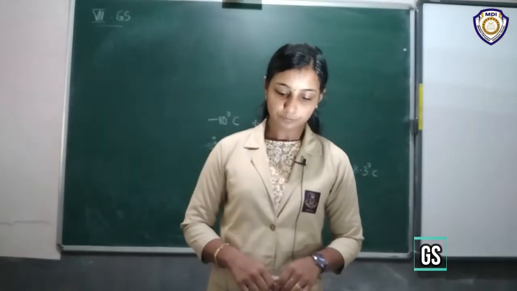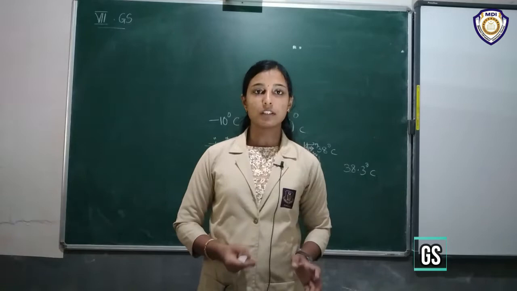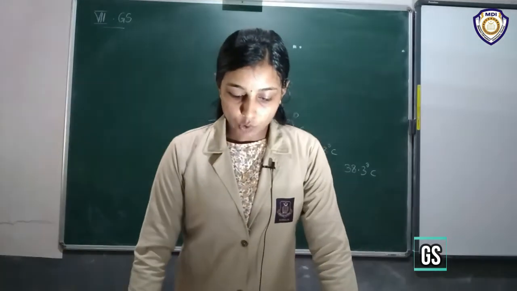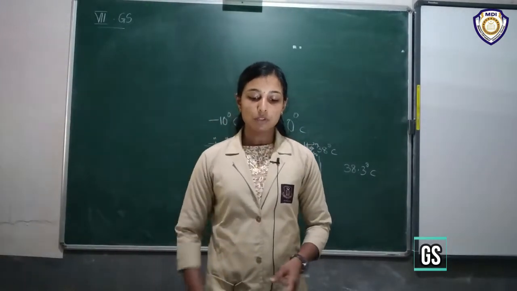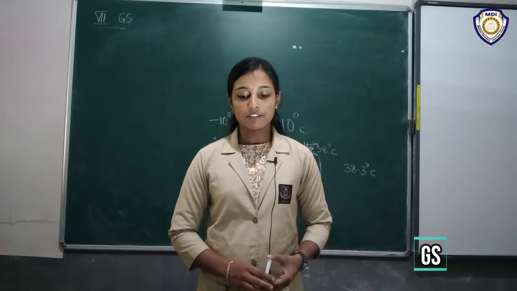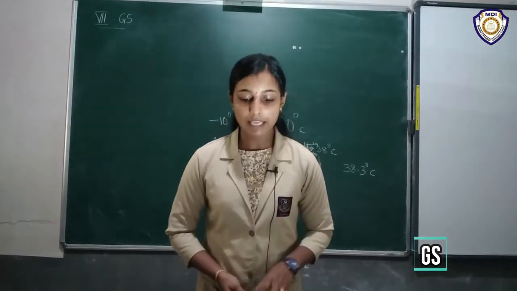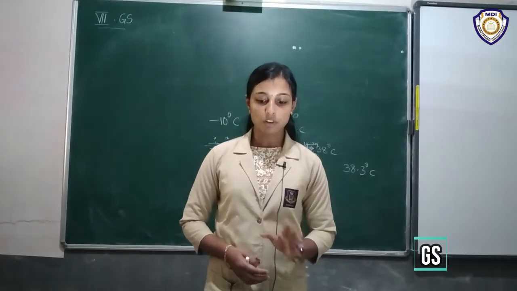So that is how to measure the temperature using a laboratory thermometer. And you have an activity. Also, in addition to the precautions to be taken while reading the clinical thermometer, for the laboratory thermometer you should keep the thermometer upright, not tilted.